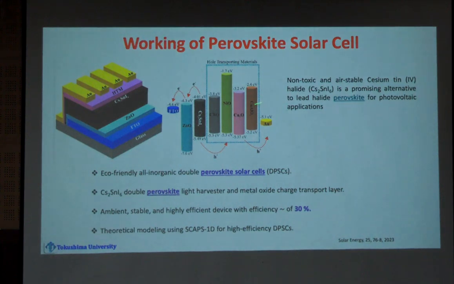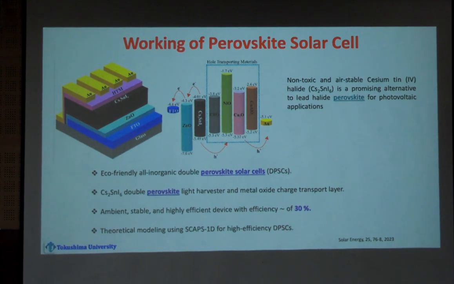If you see the combination of this, they are all inorganic material. Organic material is not good for this application. This material can also be light in weight. They are stable and show good efficiency, better than 30%.